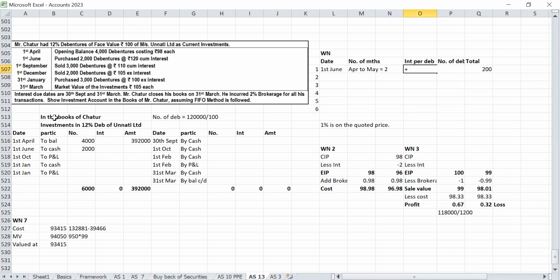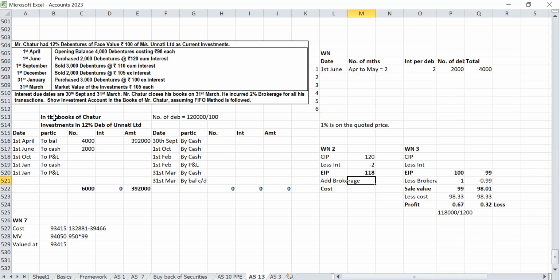Face value into percentage, 12,000, 12 percentage into 2 divided by 12 is 2,000, so 4,000. Cum interest is 120, less interest 2 percentage, 118.